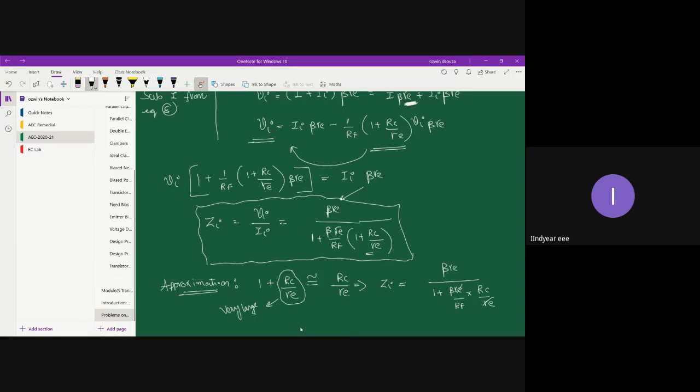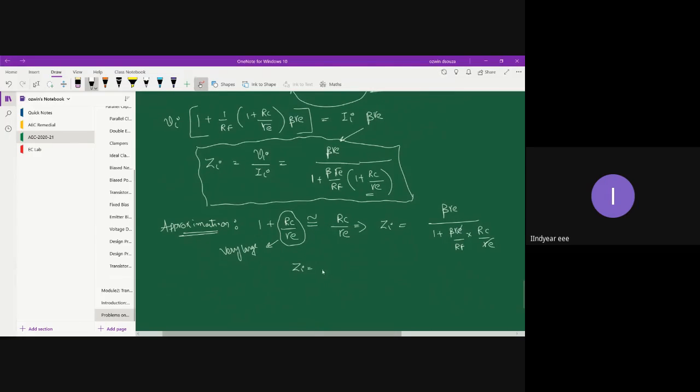Hence, you are left with Zi equal to beta re in the numerator, and in the denominator 1 plus beta into Rc divided by Rf.